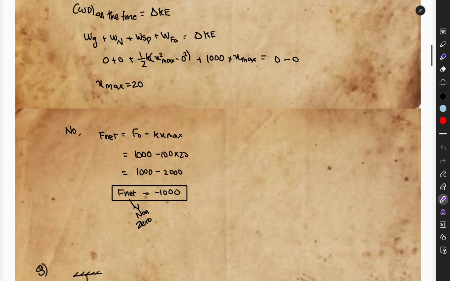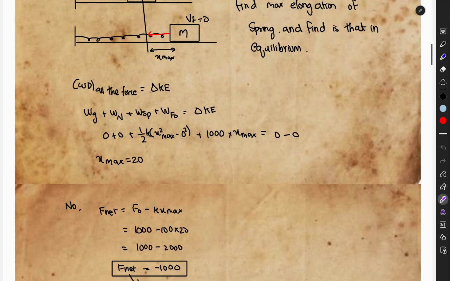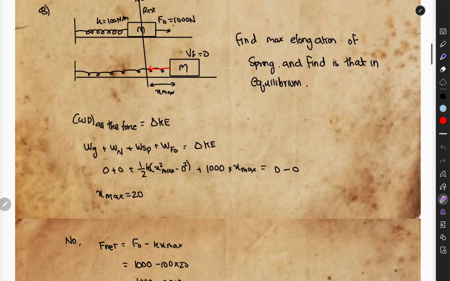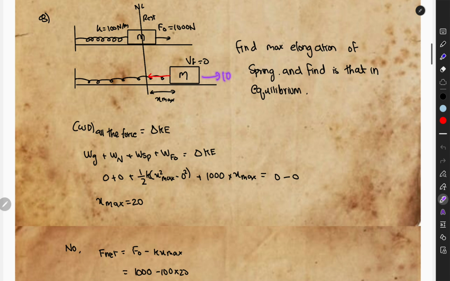Okay, and what about whether it is in stable equilibrium, whether it is in equilibrium or not? To find that, you need to know Newton's second law, which is basically F net. So here F naught force is acting, which is 1000 Newton, right? And here kx max will be acting, right? So what is x we have found?